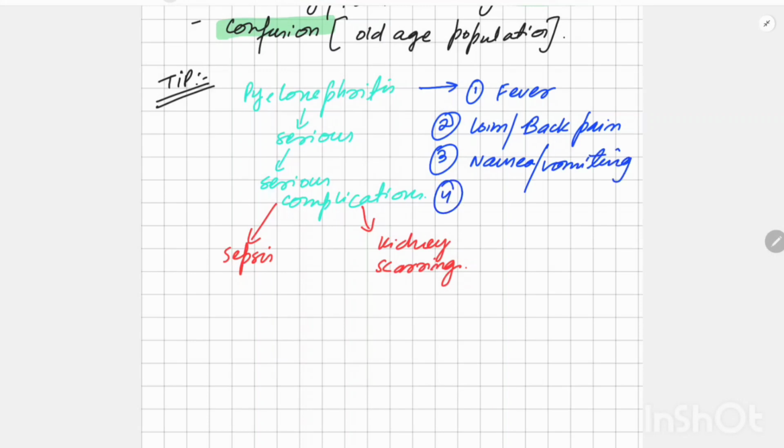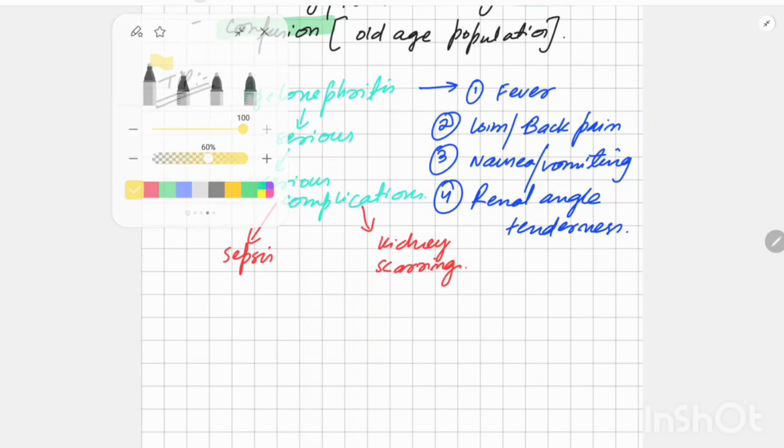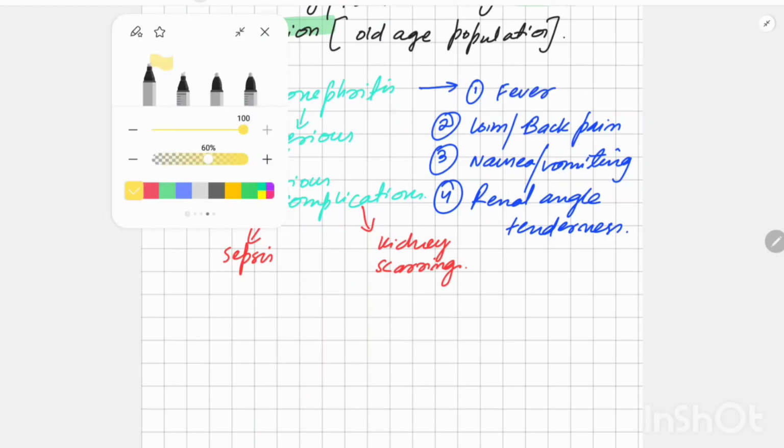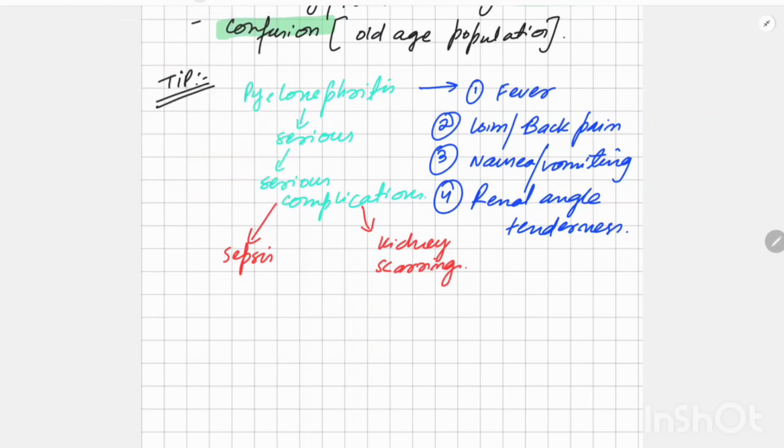The fourth symptom, which we find during the examination of the patient, is renal angle tenderness. Remember the symptoms because this is really important. Fever, loin or back pain, nausea or vomiting, renal angle tenderness.